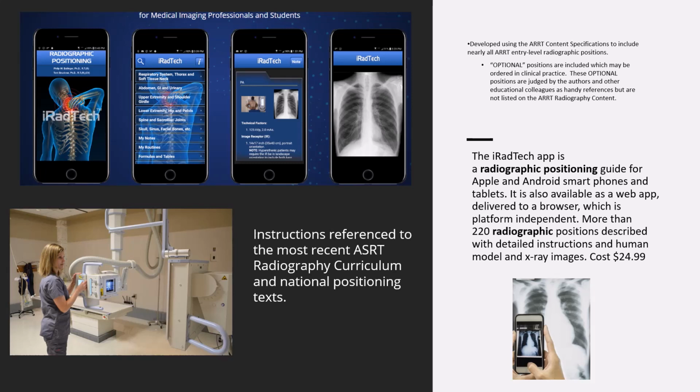The radiographer can download to their Apple or Android smartphones and tablets a radiographic positioning guide. This guide contains more than 220 radiographic positions described with detail and instructions and model and X-ray images of the positioning and the results.